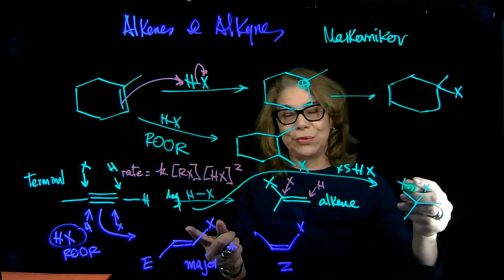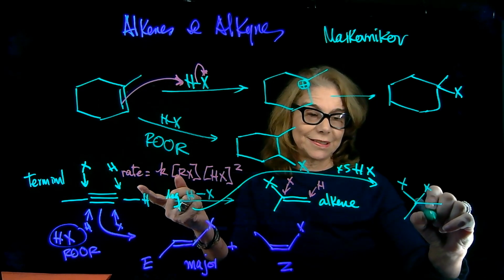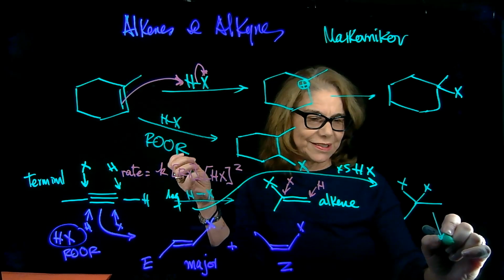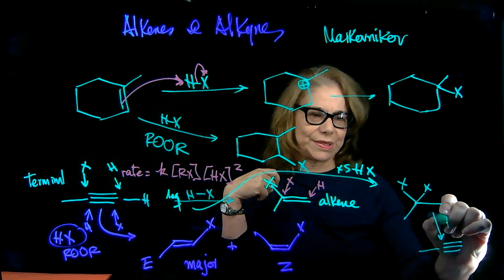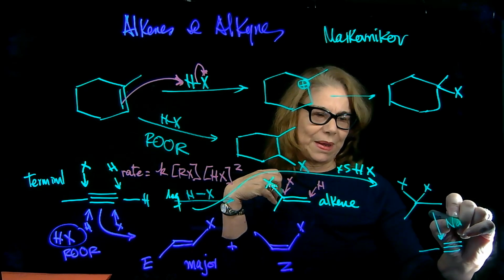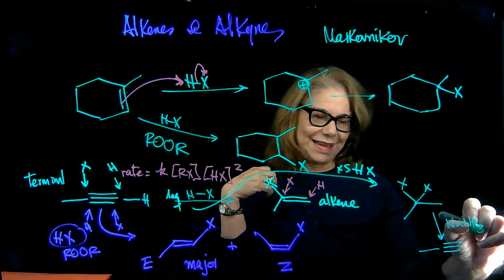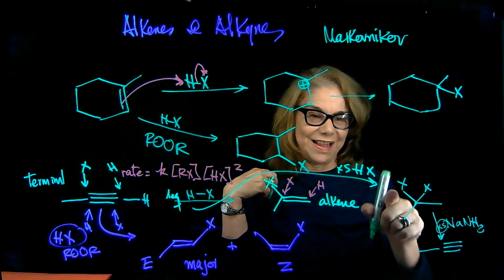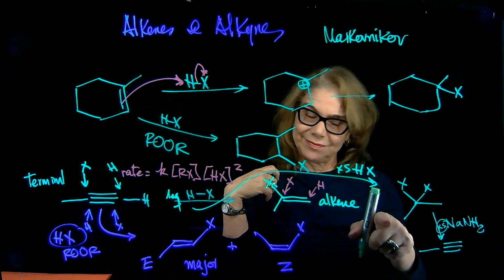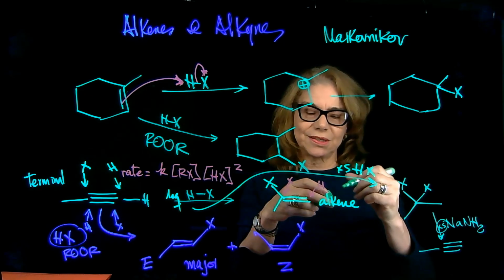You can reverse this and form the alkyne by using sodium amide, and that's one of the methods to synthesize alkynes from a dihalide with excess sodium amide.